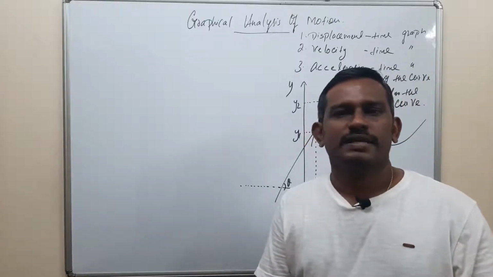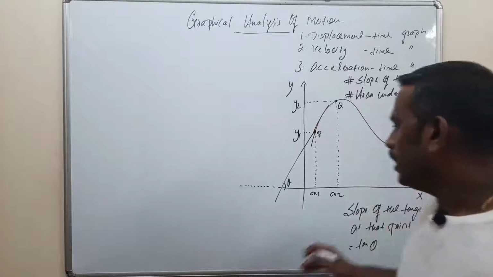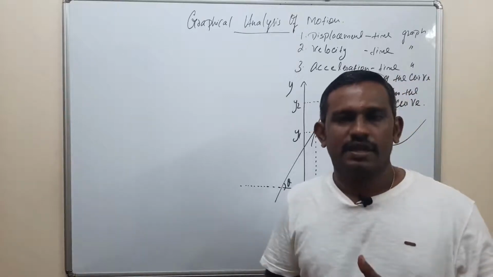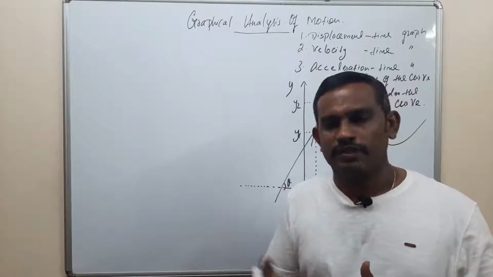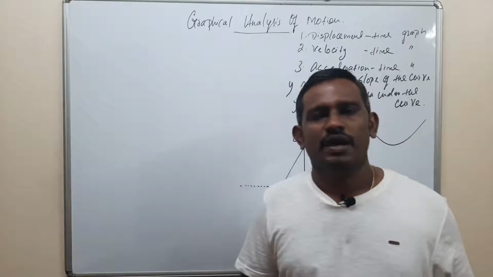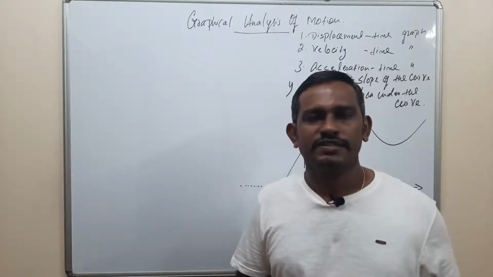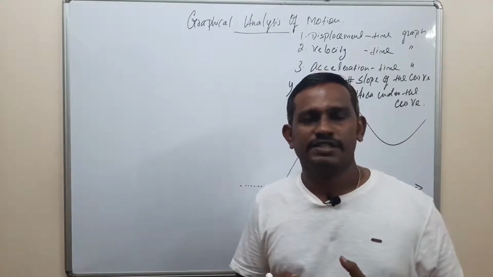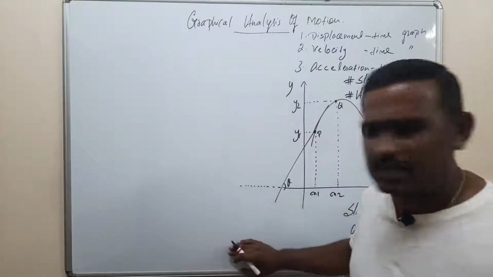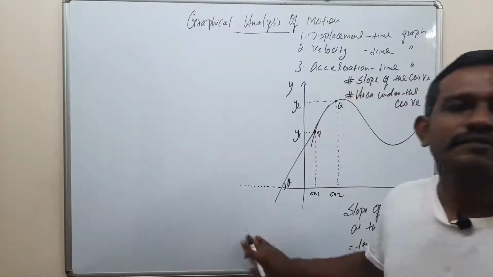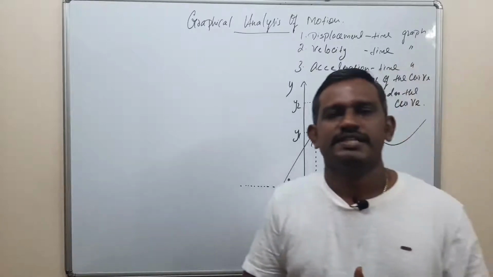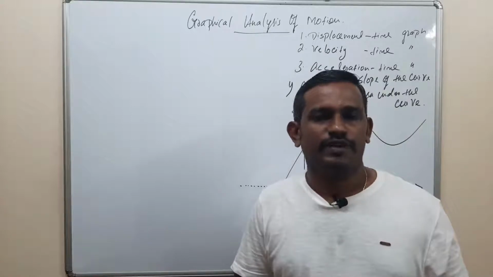My dear students, if you want to thoroughly understand this topic, that is, what is a function, how to draw a curve for the function, what is the slope of the curve, what is positive slope, what is negative slope, what is the maxima of a function and what is the minima of a function, then in Physics 2020 there is a playlist called Mathematical Support for Physics.